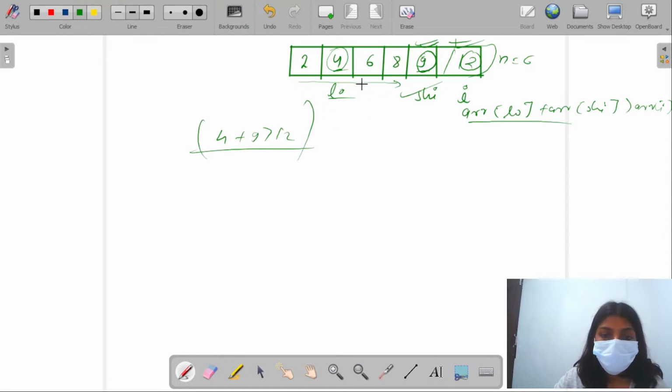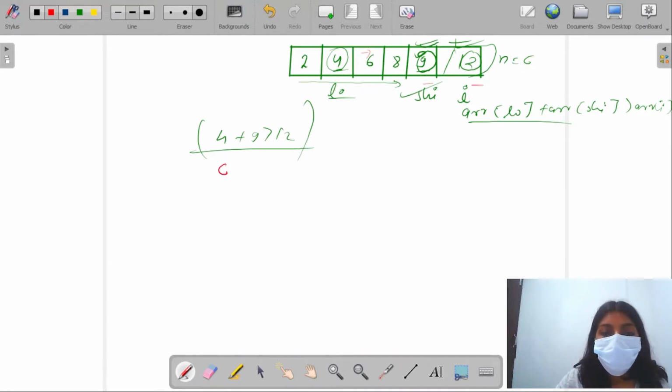Now if I increase my low to 6, and I fix these two sides, 9 and 12, and increase my low, this is also going to form a triangle, because I am increasing my low by keeping these two sides constant.